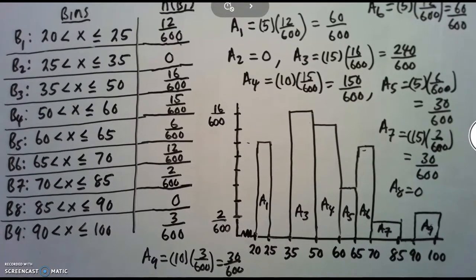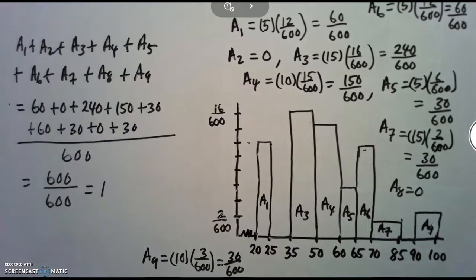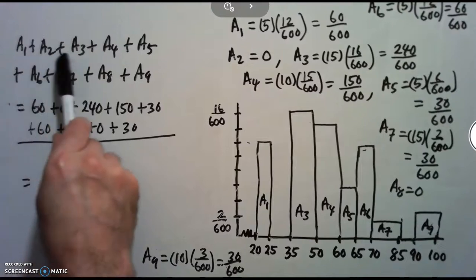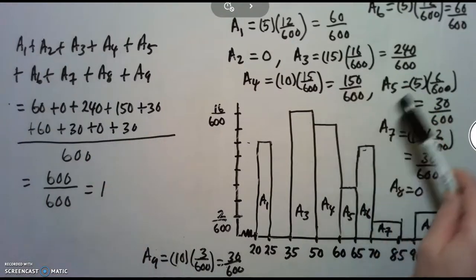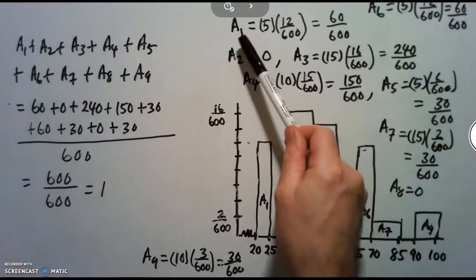Okay, so I'll let you check what we can do here. Let's add all these up and show it equals 1. So adding up all the areas then, so A1 plus A2, A3, 4, 5, 6, 7, 8, 9. They all have 600 as the denominator, so we're just going to add the numerators and divide by 600.